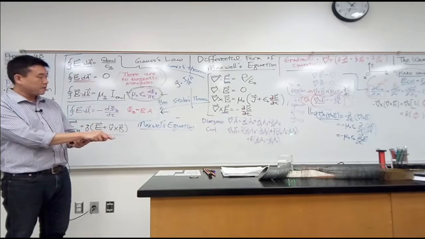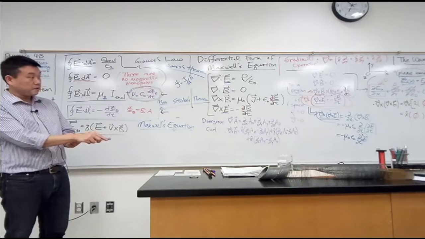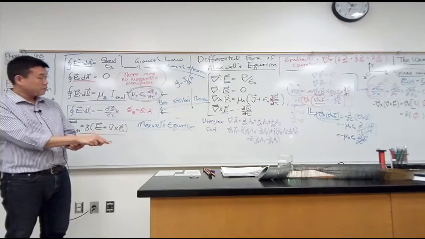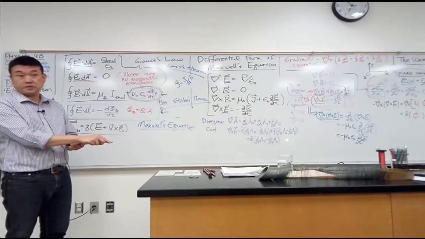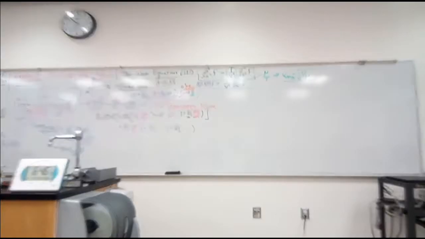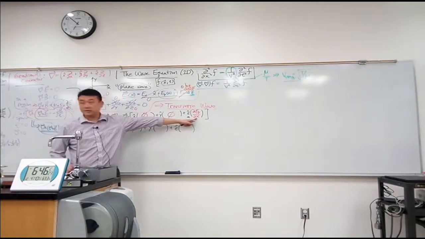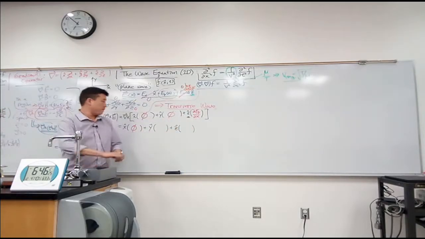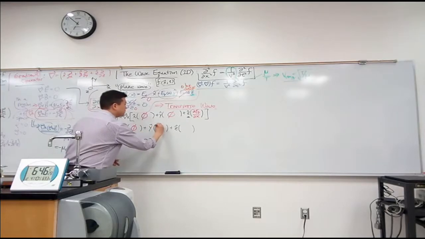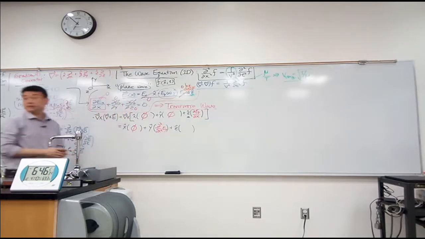And then minus the derivative of the z component, which is not 0, with respect to x, which is again not 0. So I actually have to write that down. So it's going to be minus the x derivative of this. So that's the minus double x derivative of the y component of the electric field.